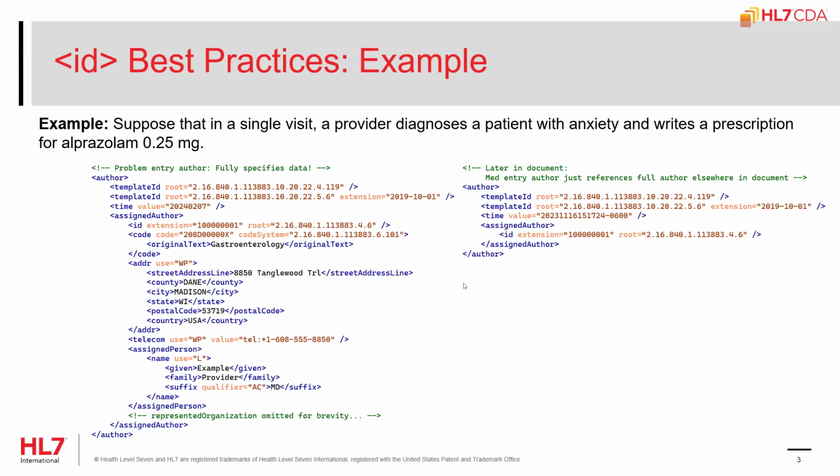Matt, may I bring one more use case? Yeah, go for it. So, for example, the author can either reference the author in the header, but it may also bring additional data about the author.